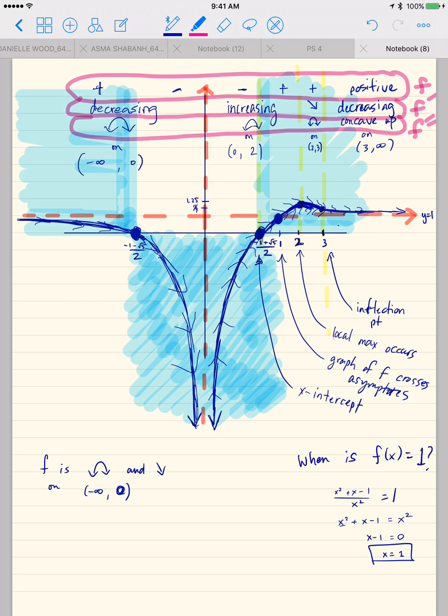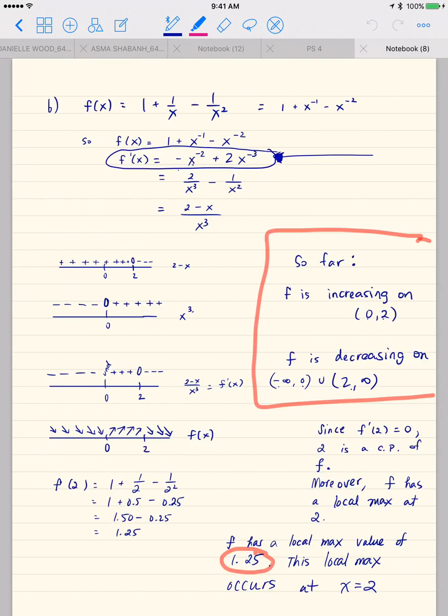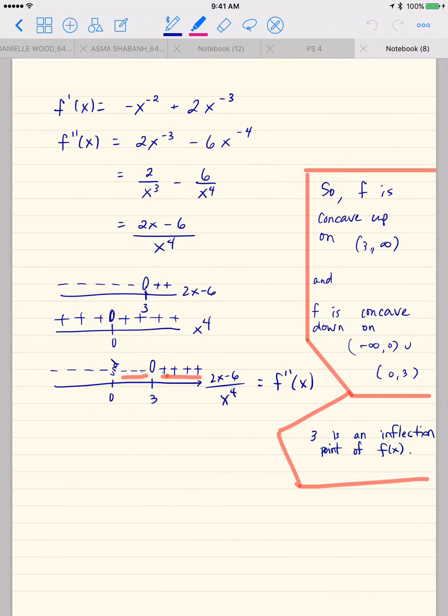Okay? And when f, f prime and f double prime are equal to 0, you have a change in the sign of f, a change in the sign of f prime, and a change in the sign of f double prime, right? So remember, the key thing is that interesting things happen when other things are equal to 0.